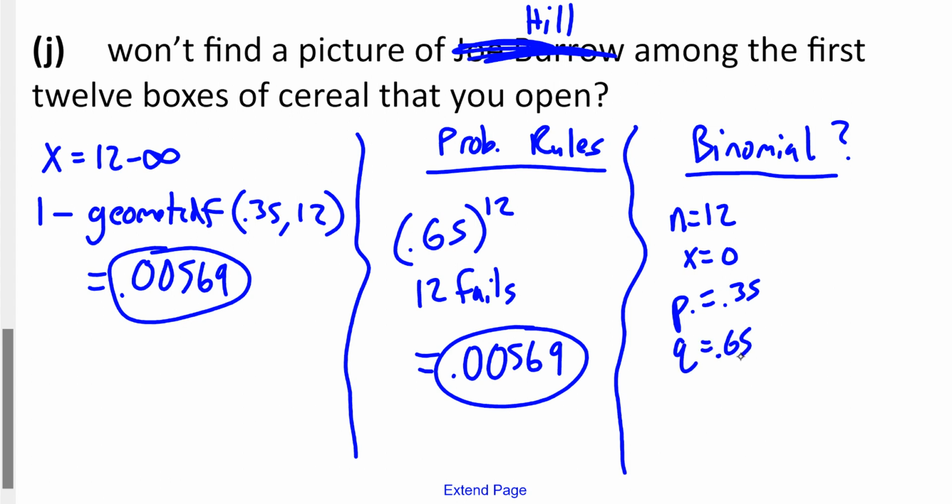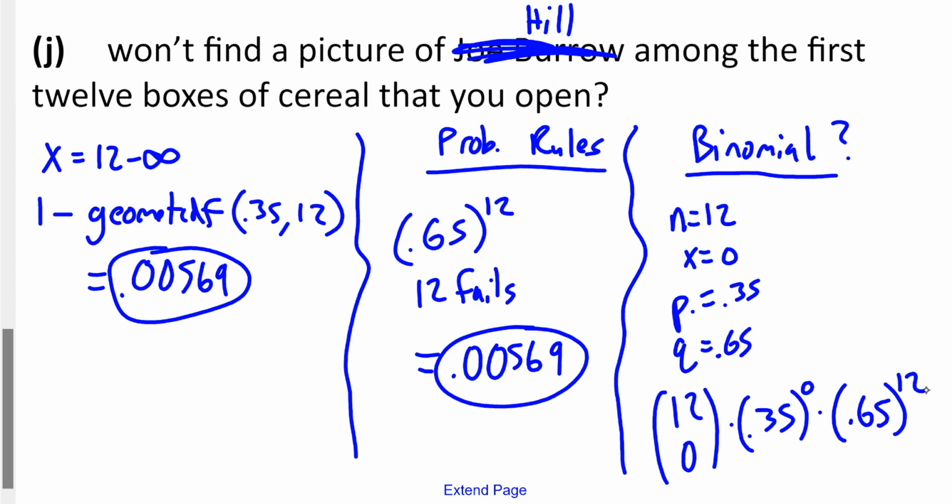So, theoretically, 12 choose 0, since we don't want any successes in the first 12, times 0.35 to the 0 times 0.65 to everything else. Which gets you, you'll never guess it, 0.00569. There are multiple ways to do this. It depends on how you're looking at it.